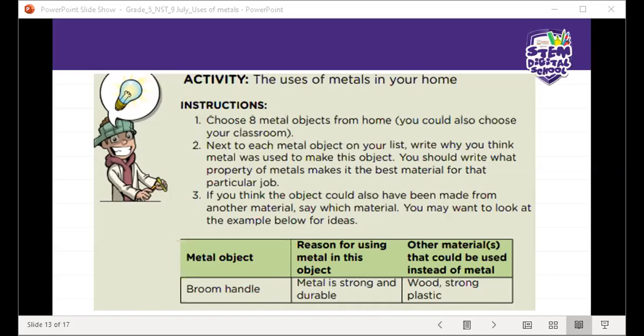So guys, as you can see, in our everyday life, we have different uses of metals. That is very much important to note. And at times we can substitute metals for other materials. So that was basically the point of this activity that we have covered now. Remember, you should know the properties of metals.